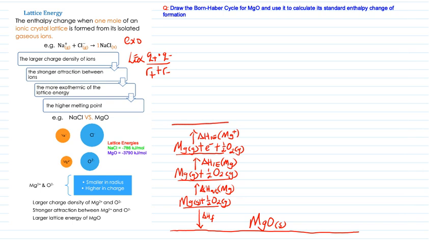So we are going to say Mg2 plus in gaseous state plus 2 electrons plus half a mole of oxygen in gaseous state. Then the next thing is enthalpy change of atomization of oxygen.